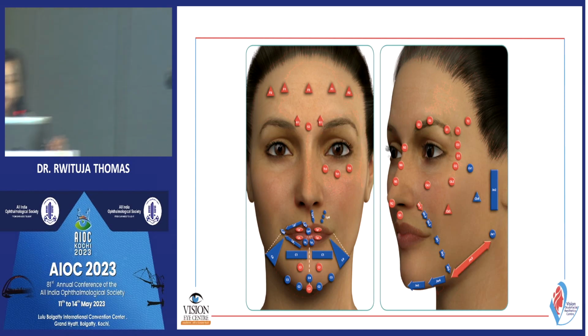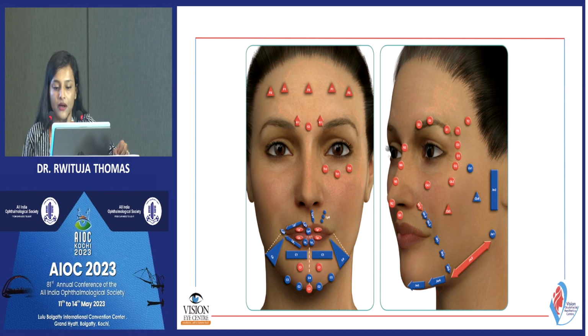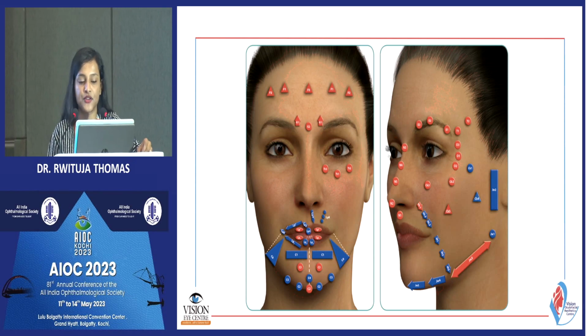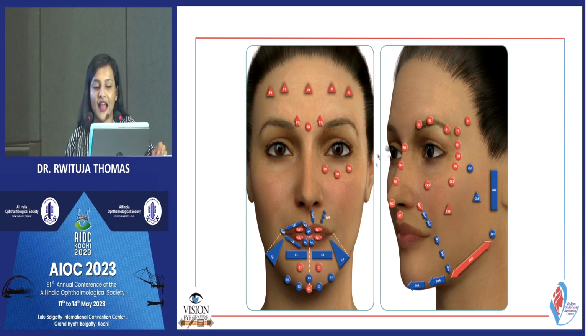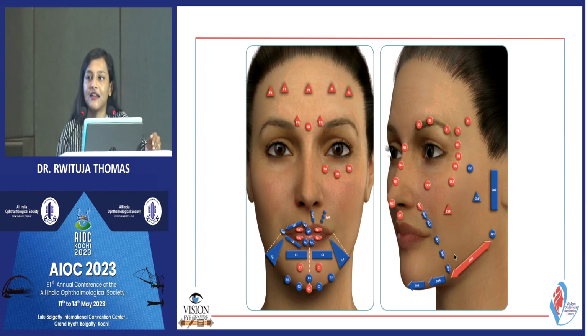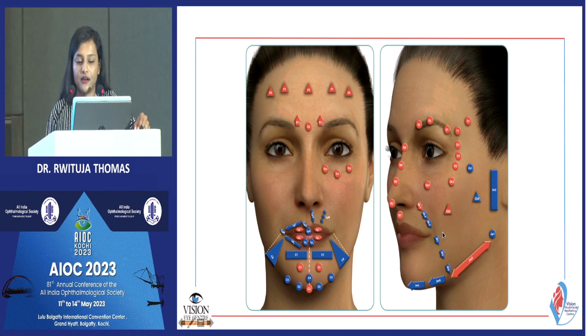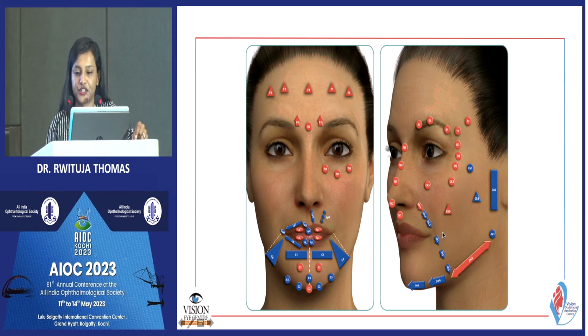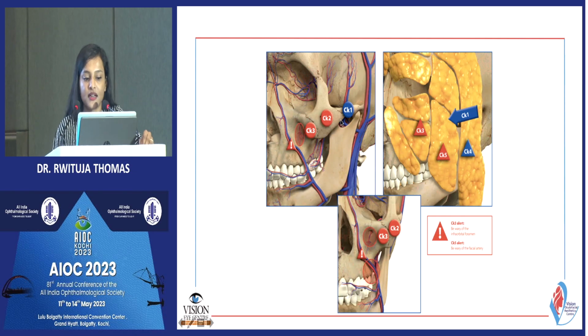Now, these are the MDS codes, which are given by Allergan. I have no financial interest, but these are the codes with which we plan treatment. So Allergan has given out certain combinations of injections for various conditions, and this should be followed well. But more importantly, it also gives you the danger zones.